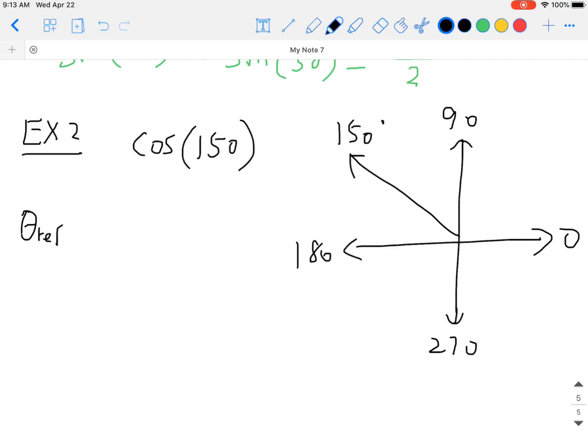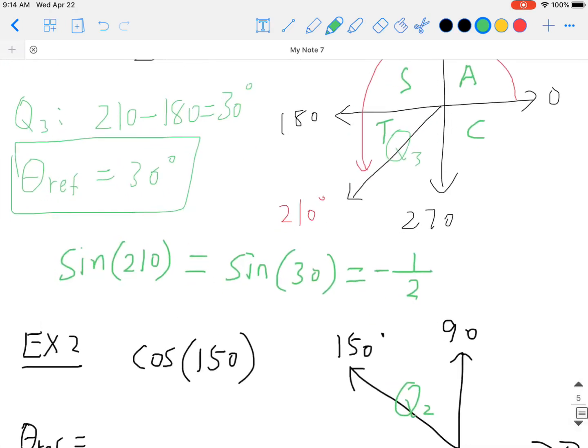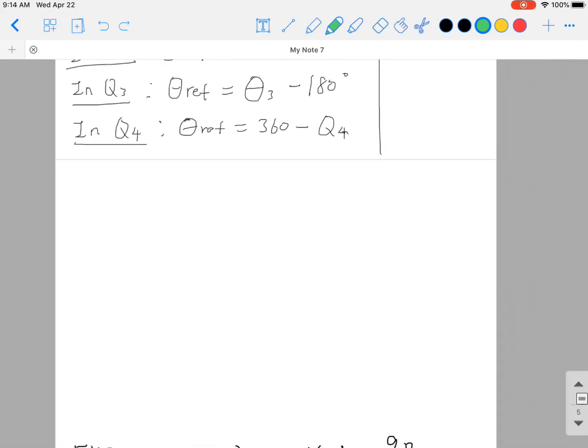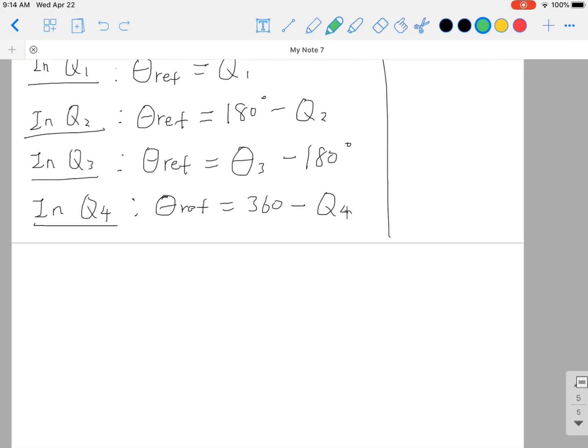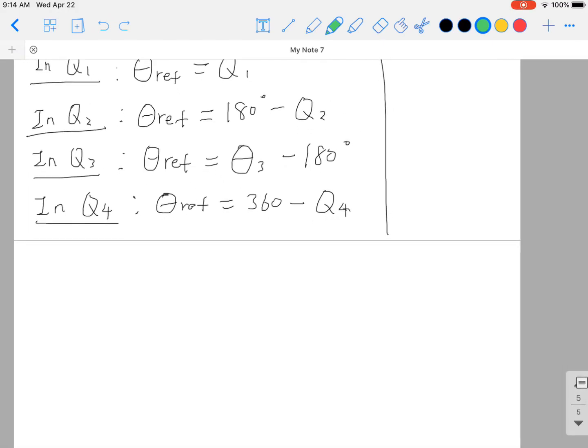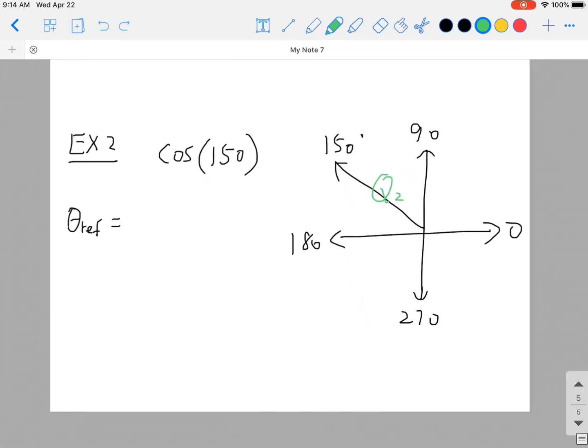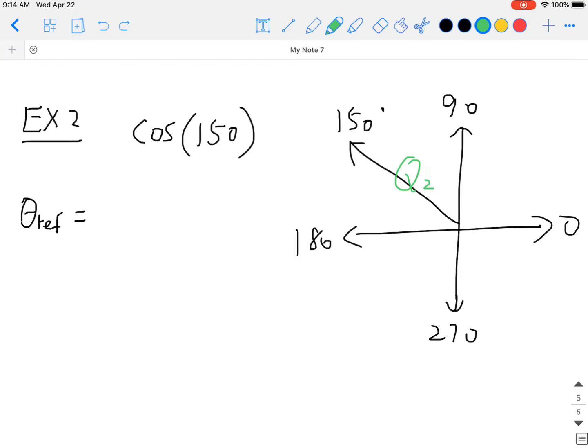Since this angle is in quadrant 2, according to the formula, the reference angle is 180 minus whatever the angle we have in quadrant 2. The angle is 150, so it's 180 minus 150, equal to 30 degrees.